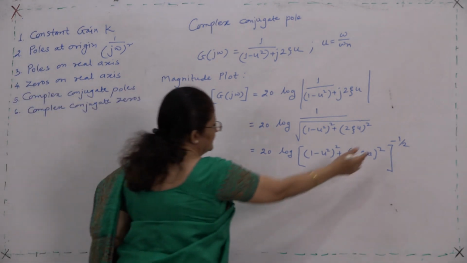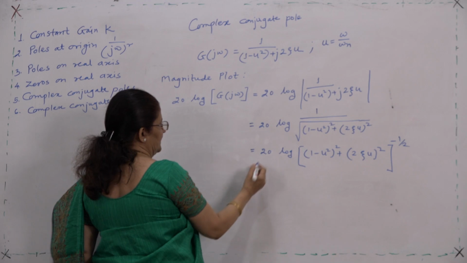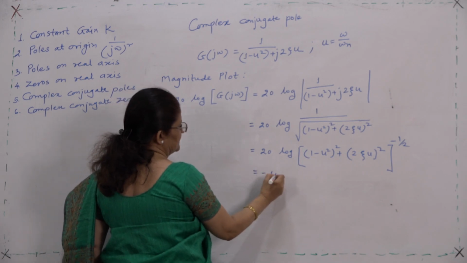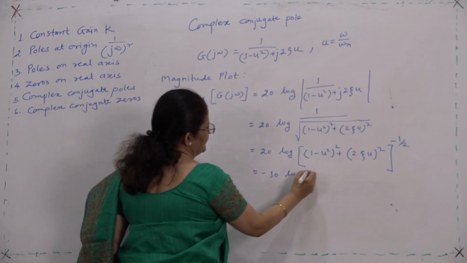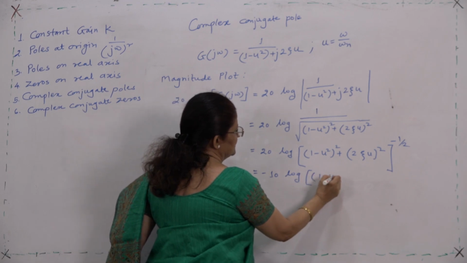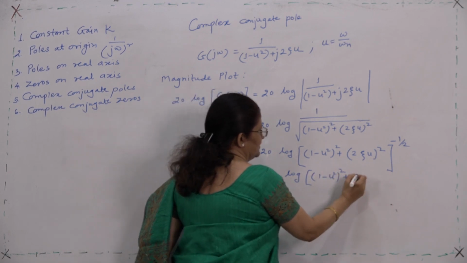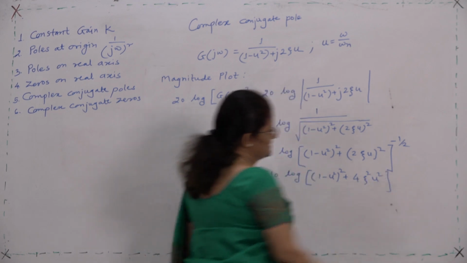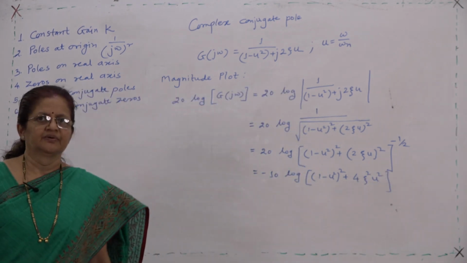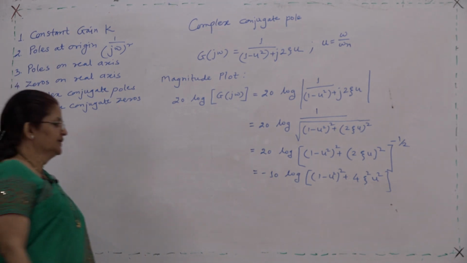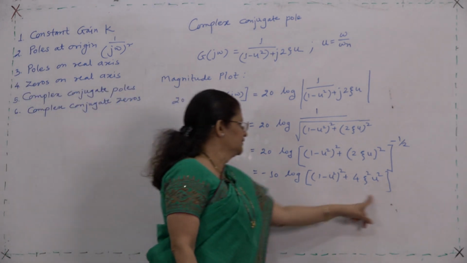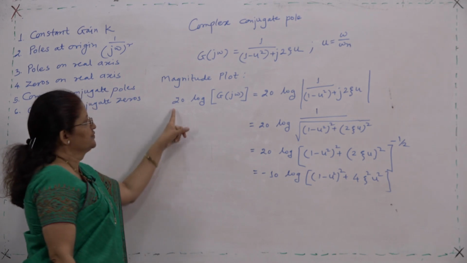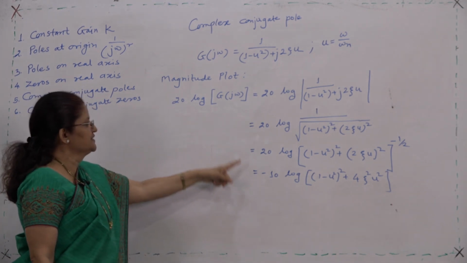Simplify it further. So, minus half into 20. So, you will get minus 10 log of [1 minus u square] bracket square plus 4 zeta square u square, or [twice zeta u] bracket square. Now, this is the magnitude plot which we can consider, 20 log of G(j omega).